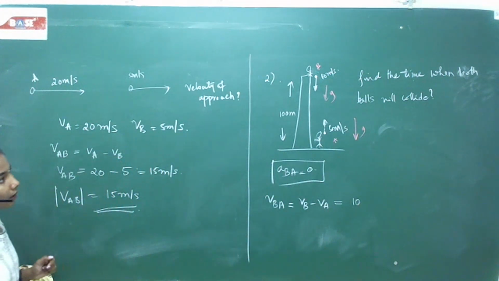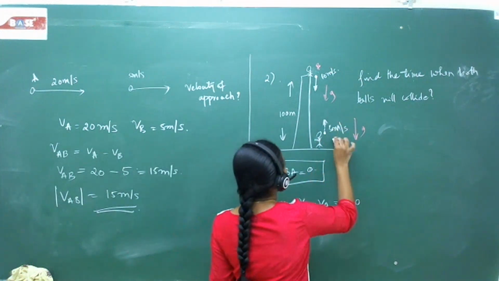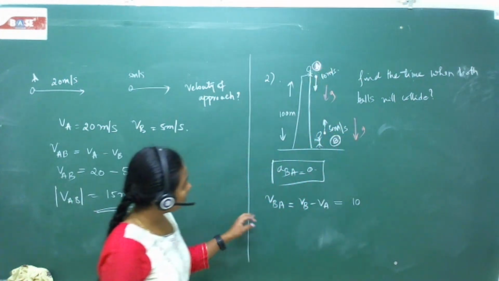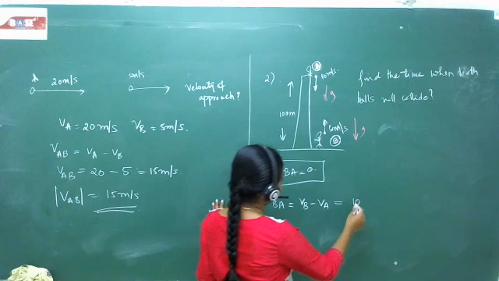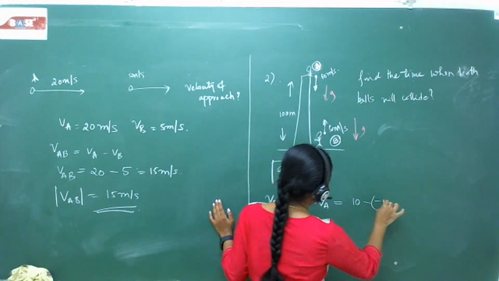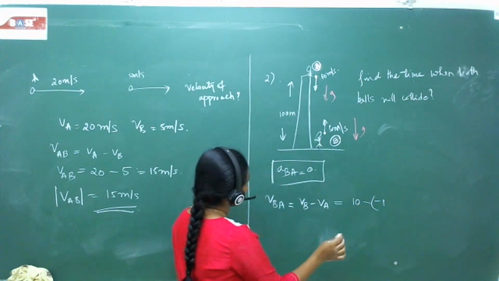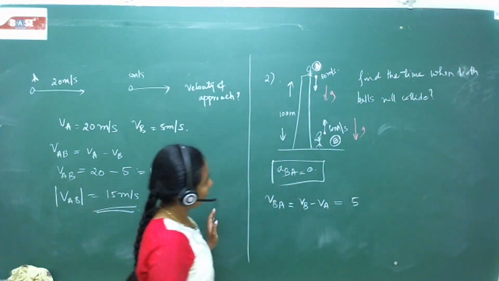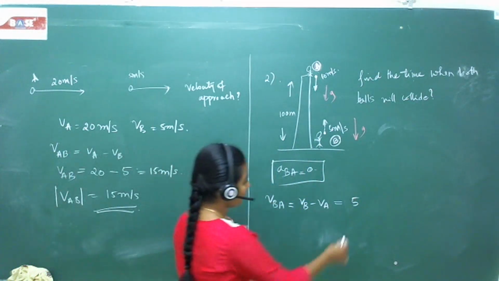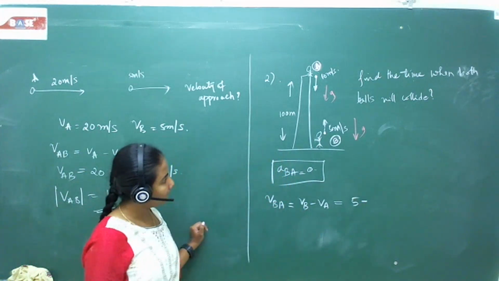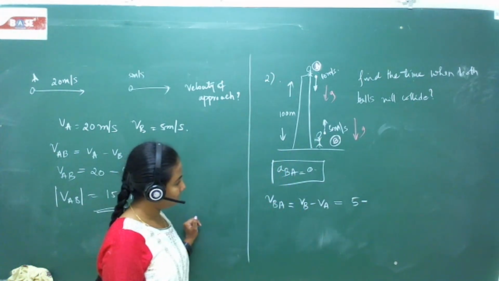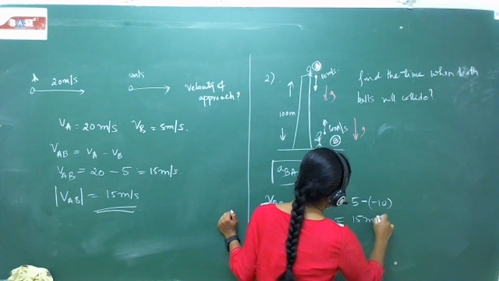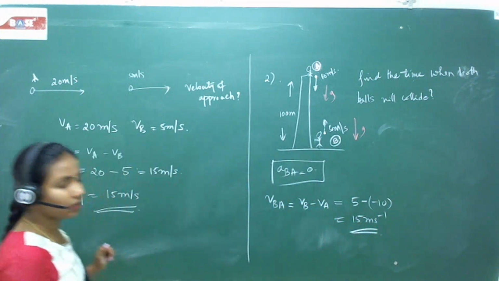If you take this as observer B and this as A, then VB minus VA is 10 minus, VB is 5. If I take upward direction as positive and downward as negative, 5 minus (minus 10), this is 15 meter per second.